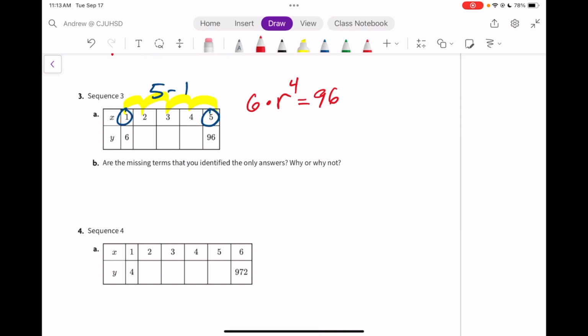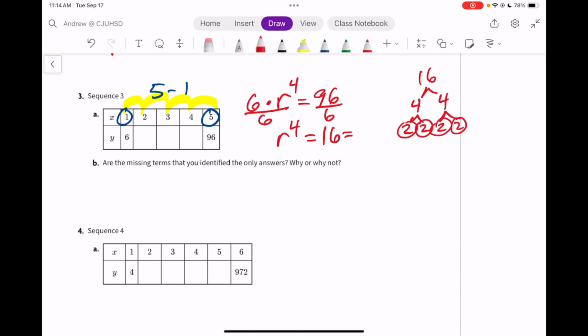Okay, and then we'll divide by 6. R to the 4th equals 96 divided by 6, or 16. What are the prime factors of 16? 16 can be written as 4 times 4, and that's 2 times 2, and another 2 times 2.